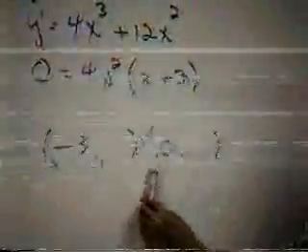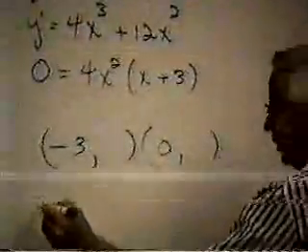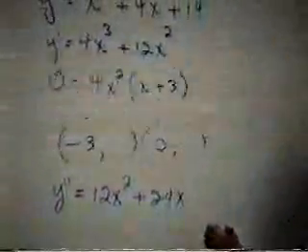Now, you'll be very wise if you'll always put these in ascending order. I'll show you why. It's very important. Let's go ahead and get the second derivative while we're here. Taking the second derivative at this step, we would have 12x squared plus 24x.